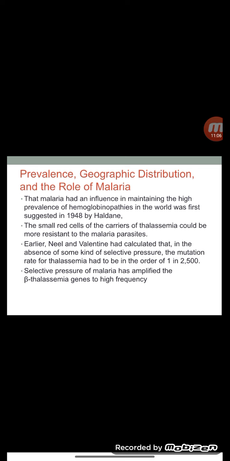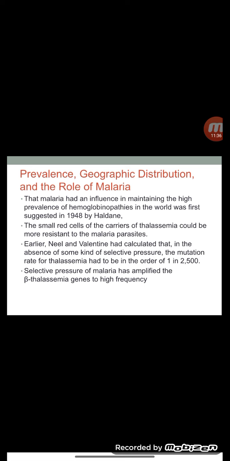Prevalence, geographic distribution and role of malaria. That malaria had an influence in maintaining the high prevalence of hemoglobinopathy in the world was first suggested in 1948 by Haldane. The small red cells of the carriers of thalassemia could be more resistant to the malarial parasite. Earlier, Neel and Valentine had calculated that in the absence of some kind of selective pressure, the mutation rate of thalassemia had to be in the order of 1 in 2500.